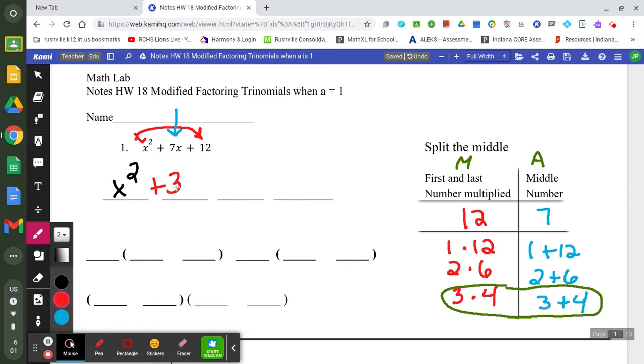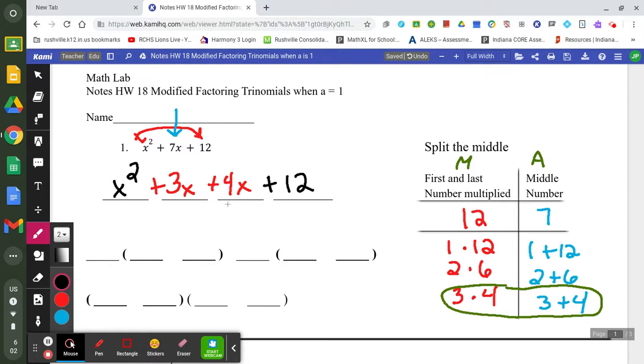And then whatever variable is on that middle number is what goes with the new numbers we found. And then we have plus 4x. And then the last term is always whatever the last term was in the original. So plus 12. So what we just did there was split that middle term of 7x into 3x plus 4x.